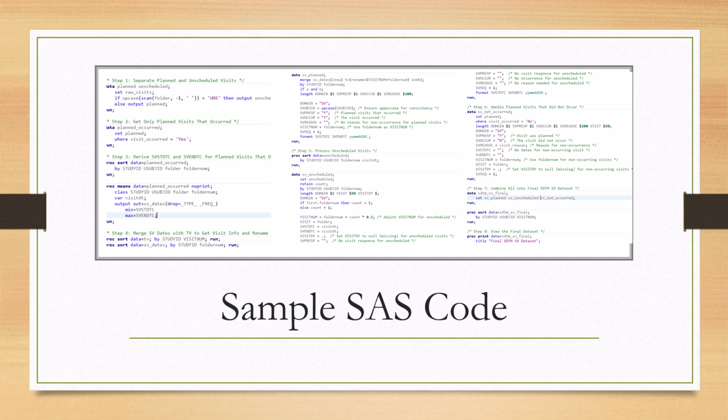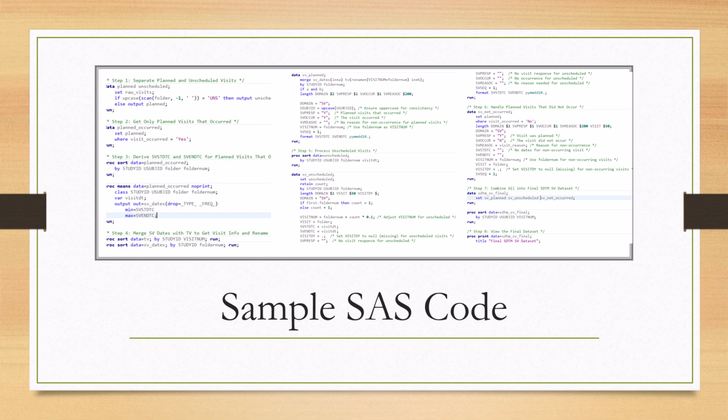Please note that SDTM does not allow the imputation of dates. So you cannot impute any partial date in SDTM. So if you are capturing any partial date, it will go as it is, as a partial date, in your date variables.